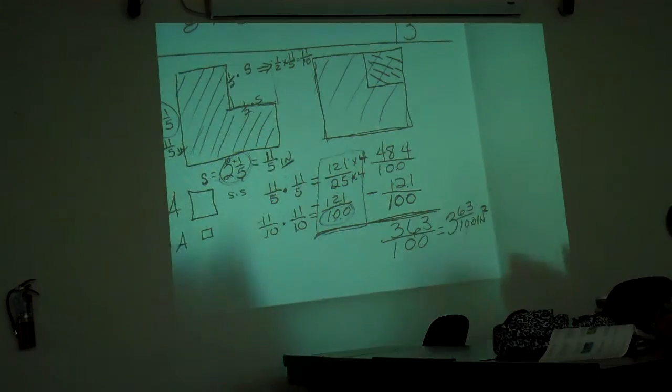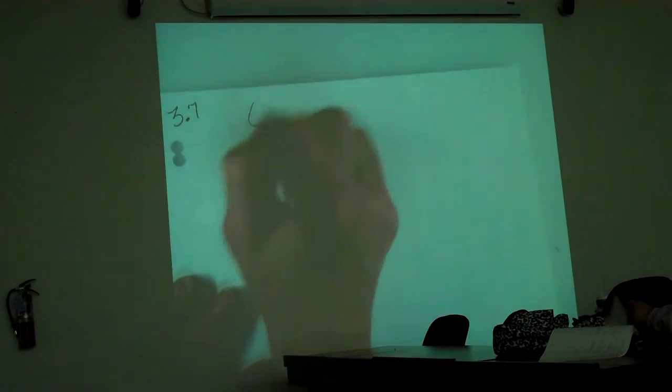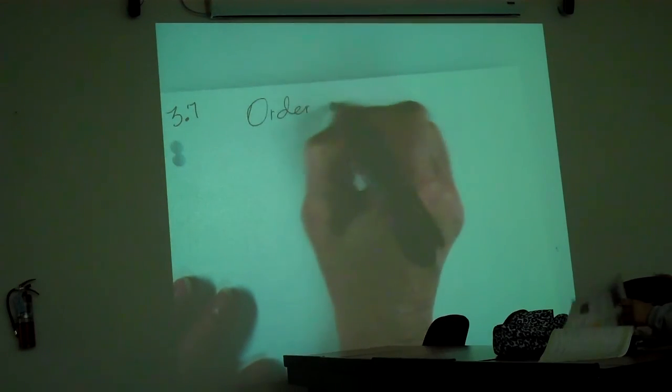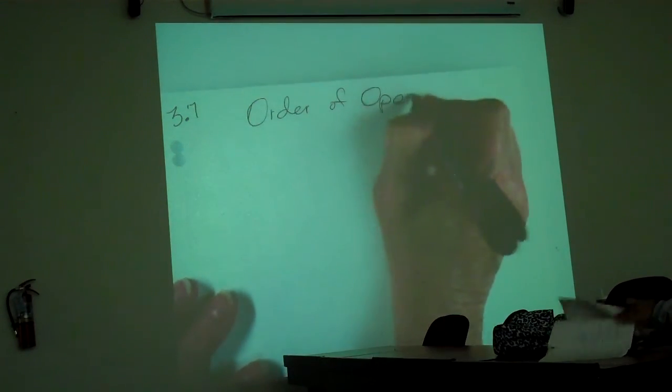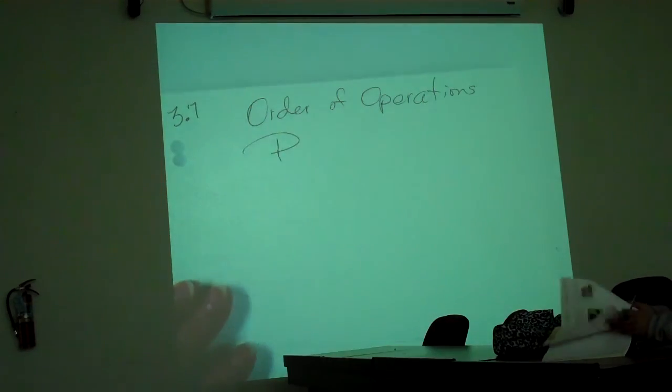Okay, now we're going to go to 3.7, order of operations and estimating. Order of operations, what are the words for that?